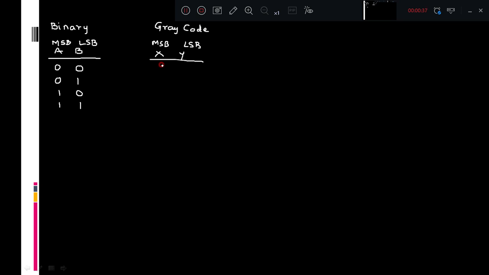So MSB and LSB are marked A and B. With two input variables we will get four different combinations: 0 0, 0 1, 1 0 and 1 1. But in K-map representation we are not following binary order, we are following gray code.